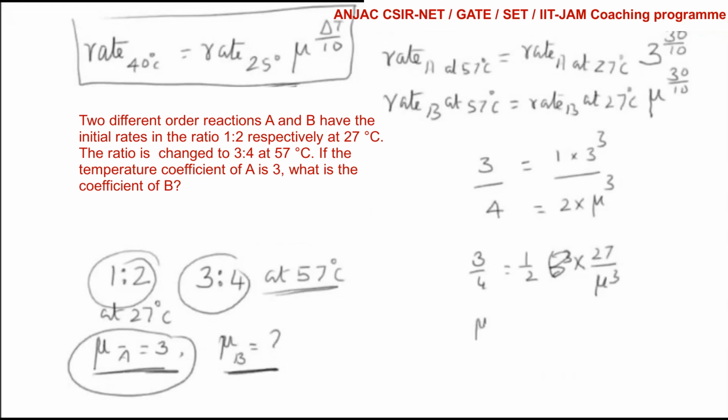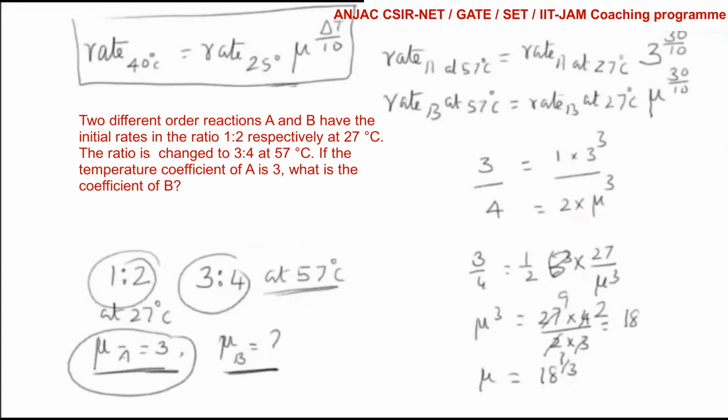Or mu cube is equal to 27 into 4 by 2 into 3. What would be the value? This and this 2, this and this 9, 18. Mu cube is 18. Mu is equal to 18 power 1 by 3. You have to take the cube root of 18.